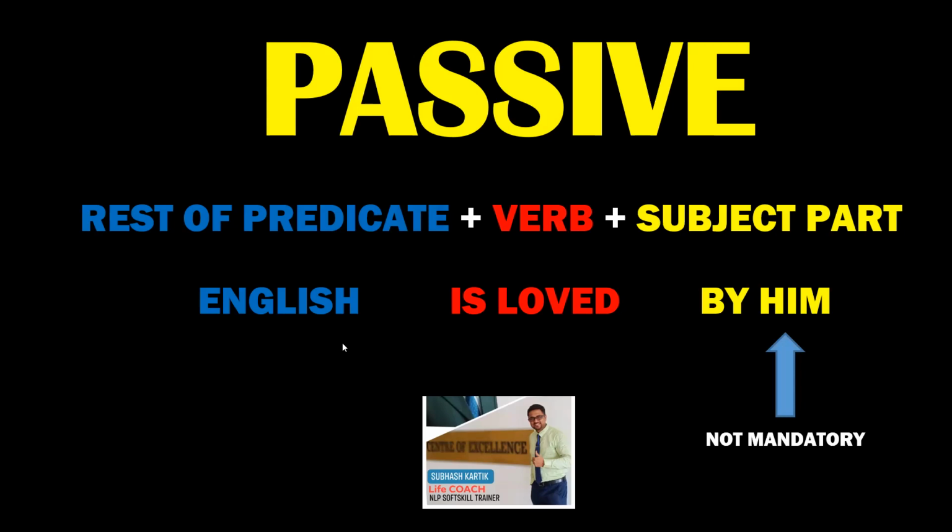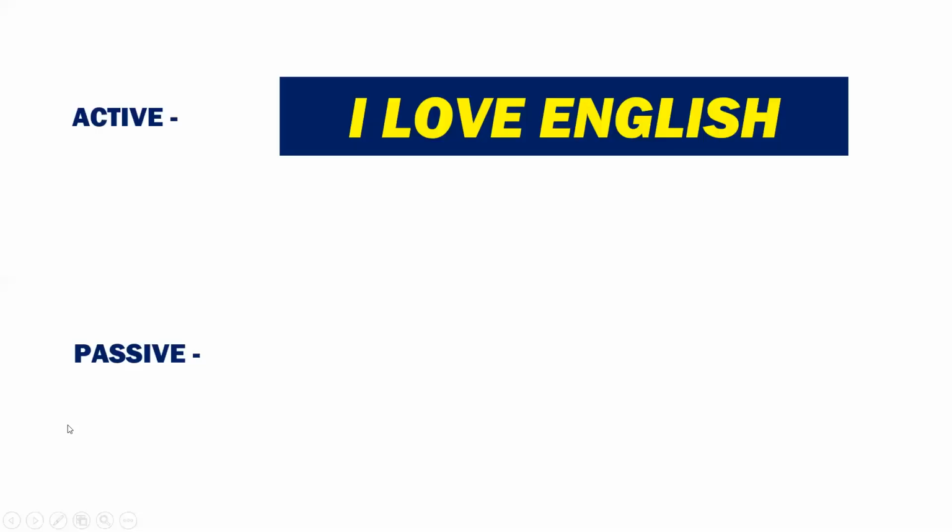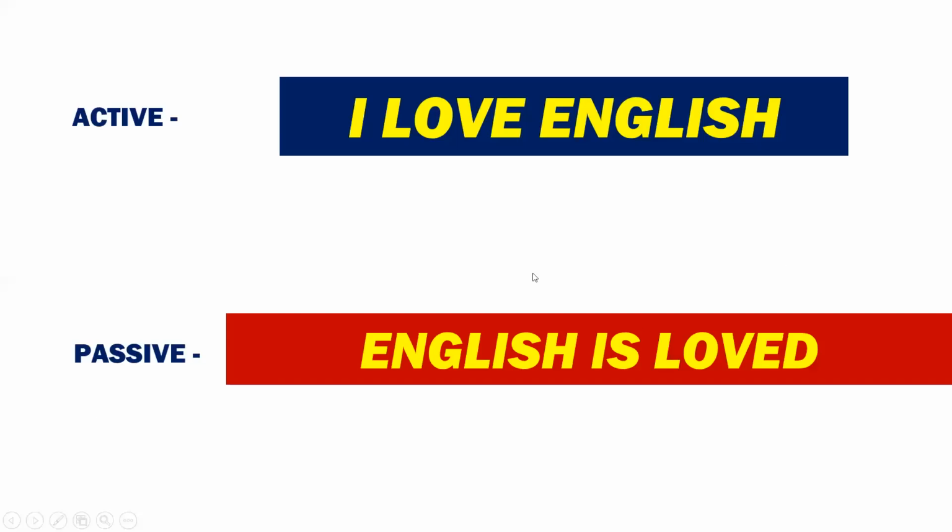So nowadays, if it's not mandatory, you no need to mention by. But yes, at the time of writing, it is mandatory. At the time of speaking, it is not mandatory. Okay, it's totally up to you whether you want to use or not. I love English का क्या बना? English is loved. Full stop. खत्म. But if you are speaking, English is loved by me, that is also okay.